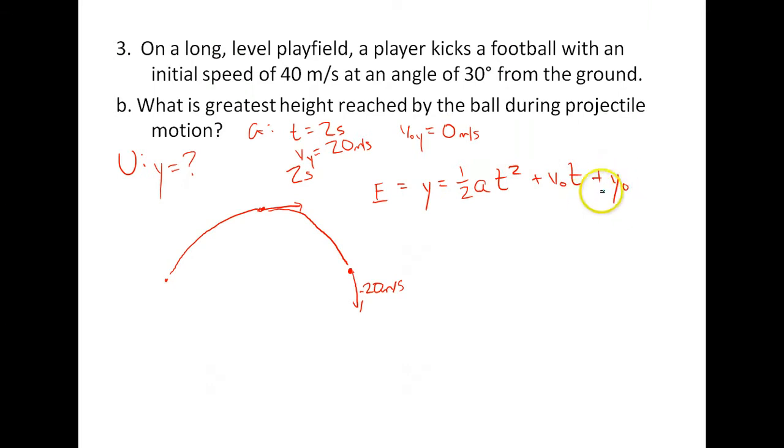There's no initial velocity vertically at this point, so v naught is 0, and anything multiplied by 0 is 0. Let's consider that our start, so y naught is 0. Let's figure out how far this thing falls by plugging in some numbers. We know a is 10, and we know it takes 2 seconds. Half of 10 is 5.